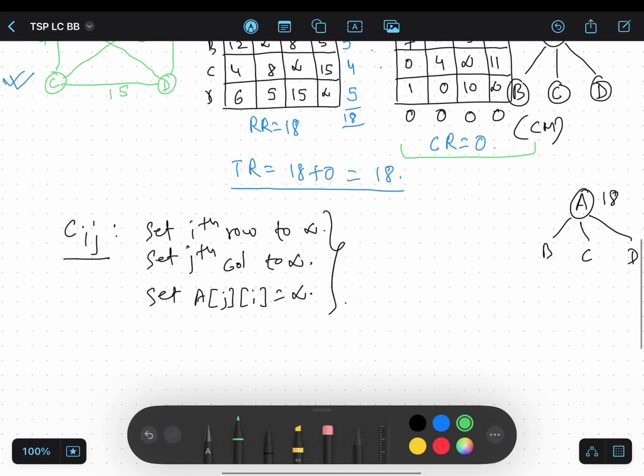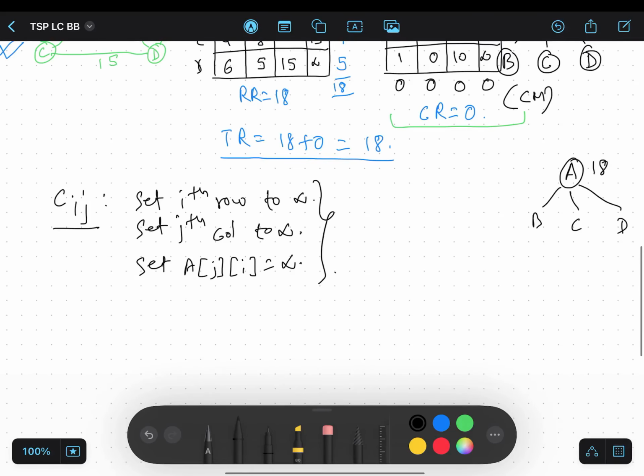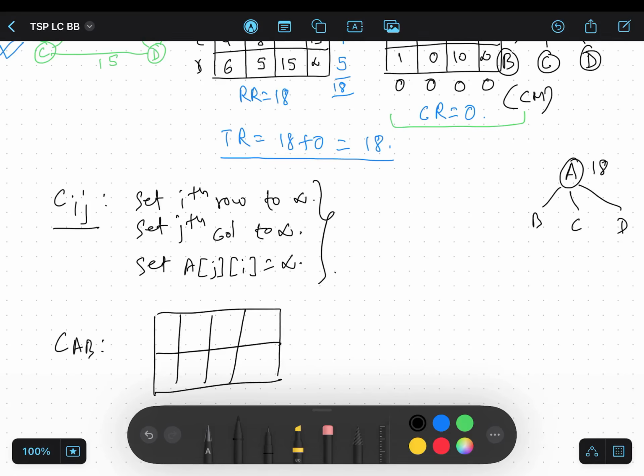So now we have to calculate going from A to B. So what we are going to do is, as I said, set the ith row, which is the A row, to infinity, and the B column to infinity, and B to A to infinity.